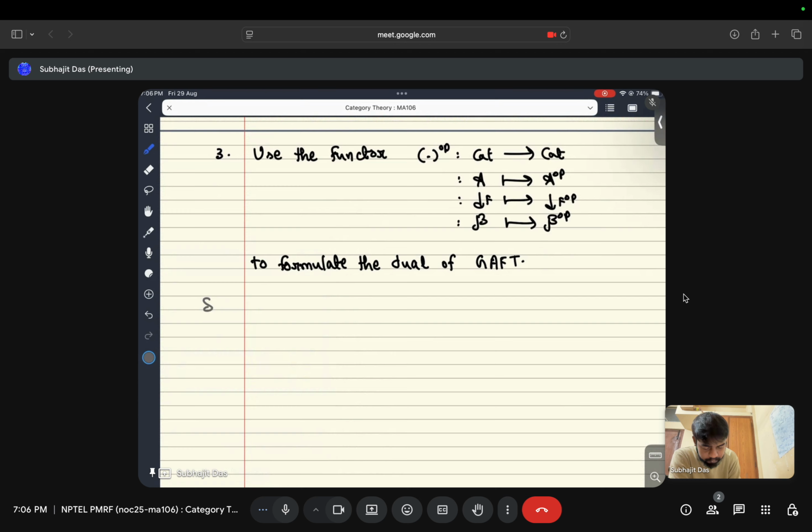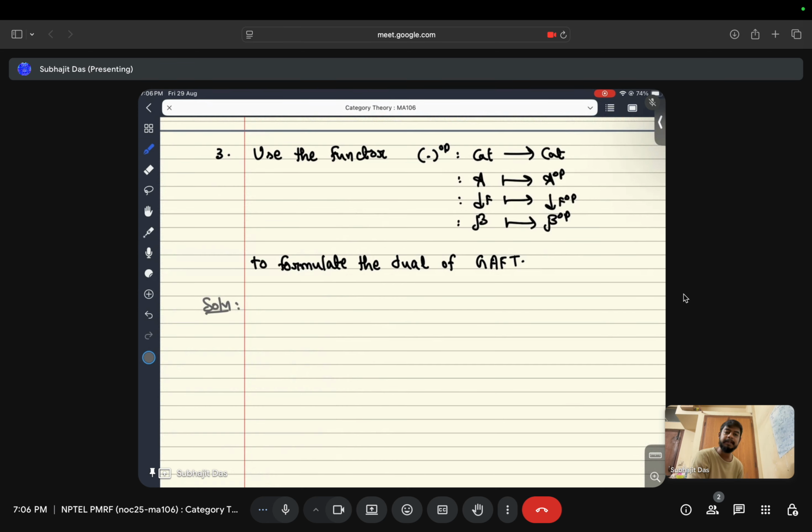So suppose you are given a functor, and this is again in the one categorical world. Cat is the one category of categories and functors, and you take this op functor, which is from cat to cat, sending every category A to the category A op, B to B op, and a functor F to the functor F op, which we have seen previously many times.